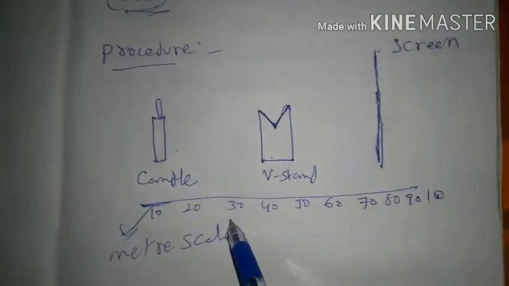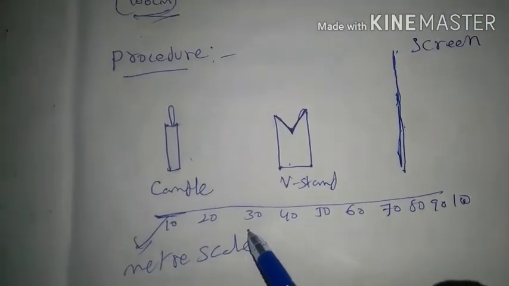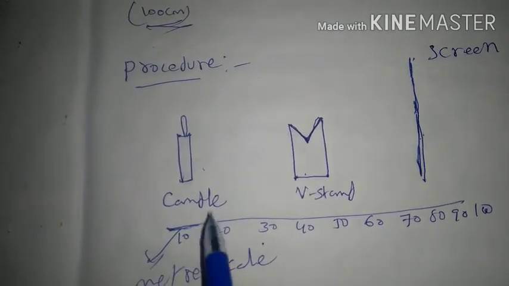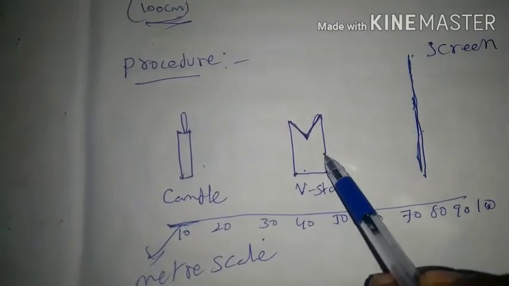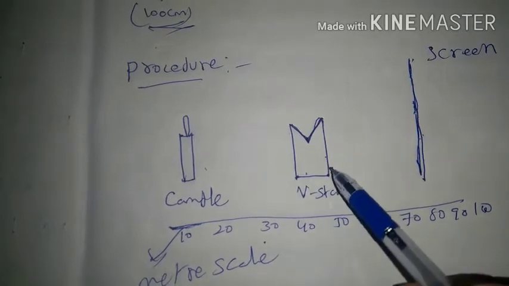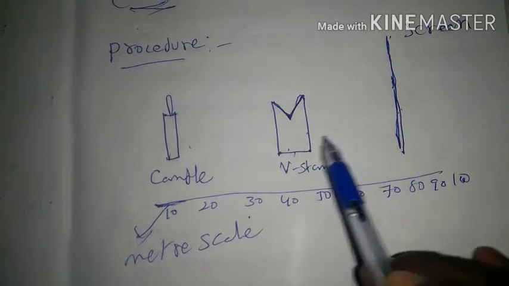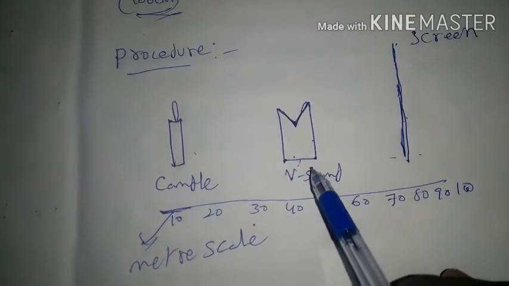Next after that, take a V stand and place it on a long table nearly 2 meters, here to here, 2 meters.